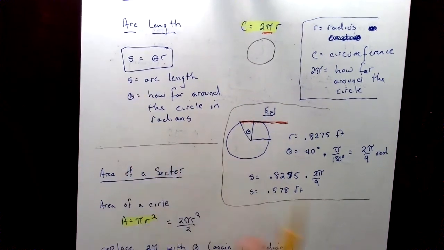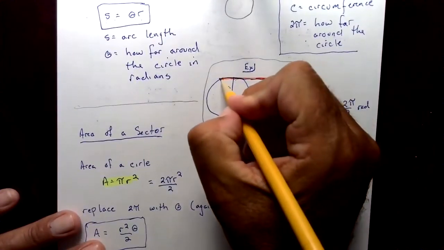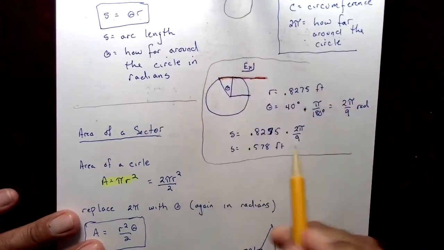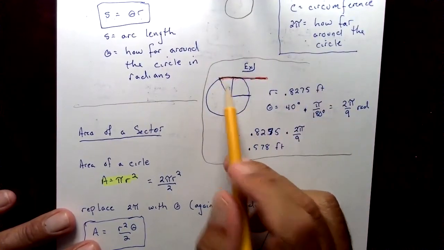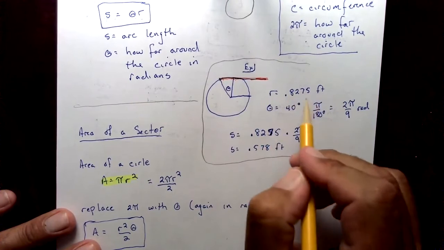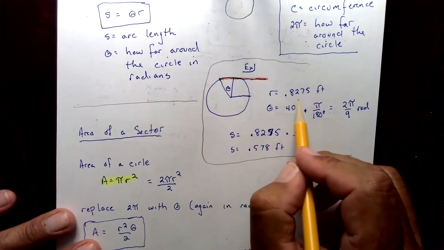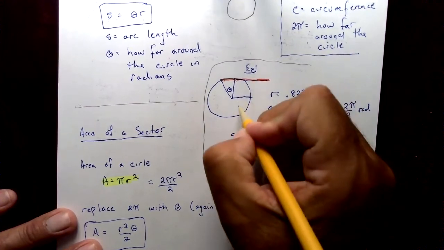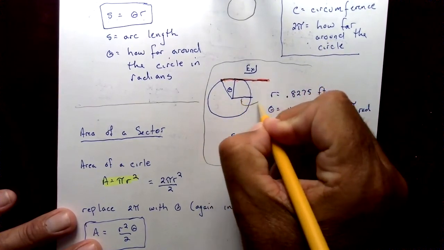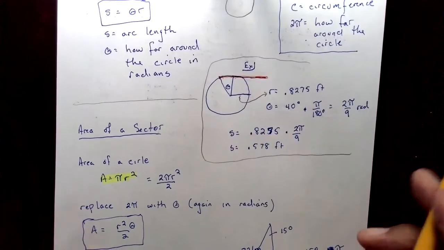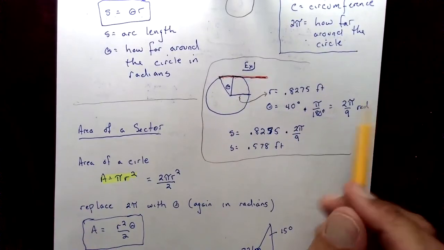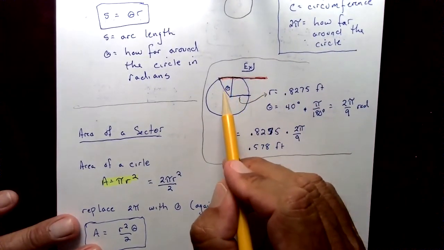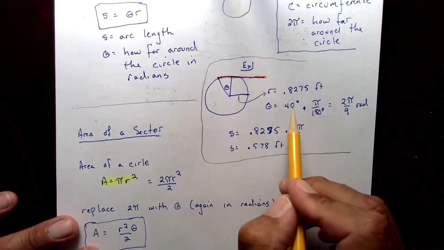So if I take a look at an example, I have a chain that's wrapping around a circle. Okay, so if I say the radius, and this is an example that's in the book, is 0.8275 feet. So this radius right here is, in fact, the radius of 0.8275 feet. And let's say this theta goes 40 degrees around.